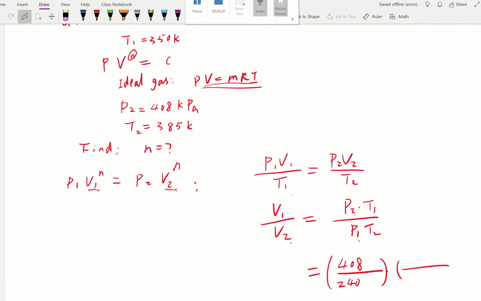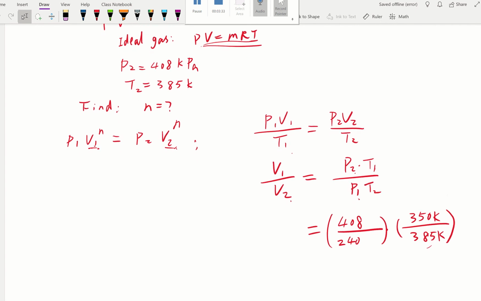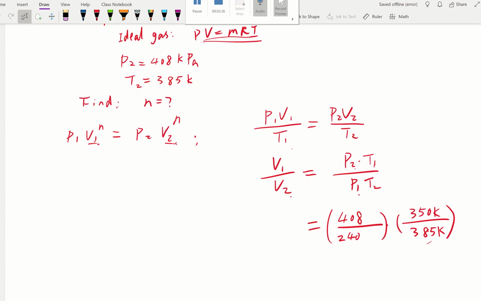Our T1 is 350 Kelvin and our T2 is 385 Kelvin. Here it's already in Kelvin, so that's good. If it were given in degrees Celsius, we would change that to Kelvin. So then we have our ratio of V1 over V2. Let's see what we have here. I have the exact form as a fraction, 17 over 11.